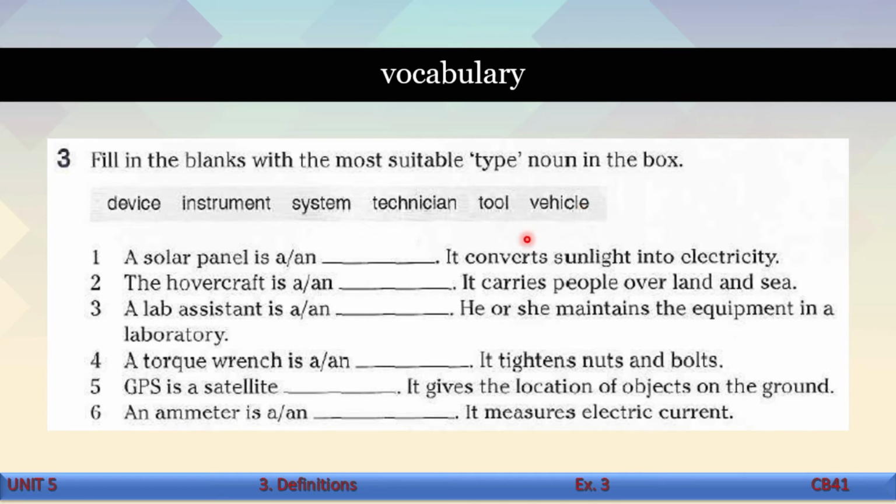Let's check the answers. Number 1. A solar panel is a or an blank. It converts sunlight into electricity.